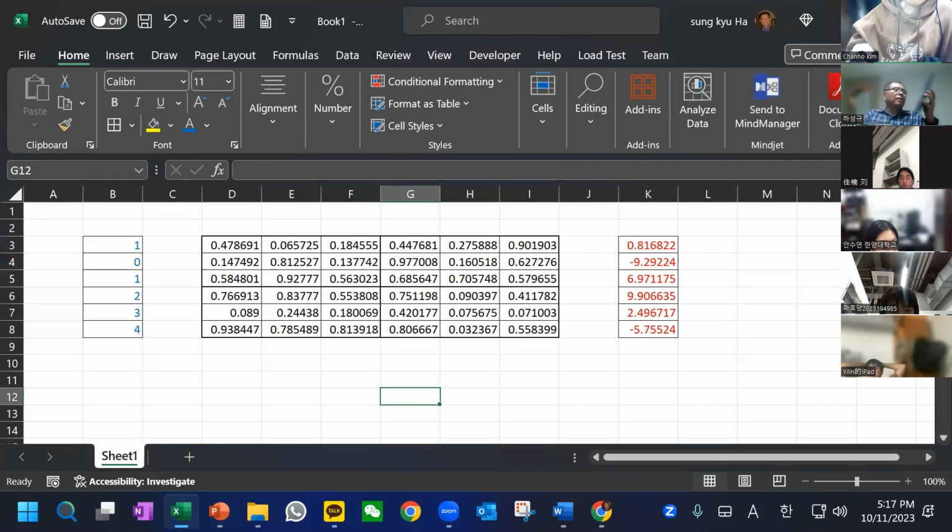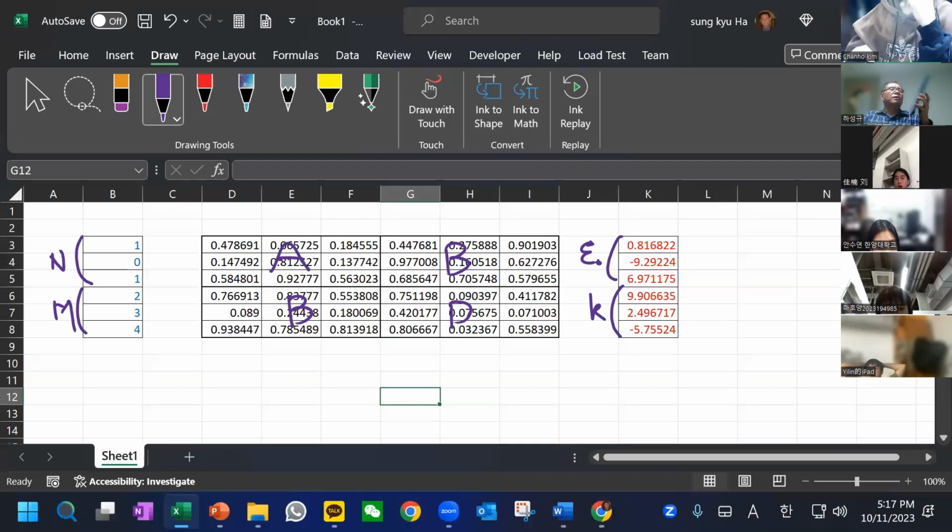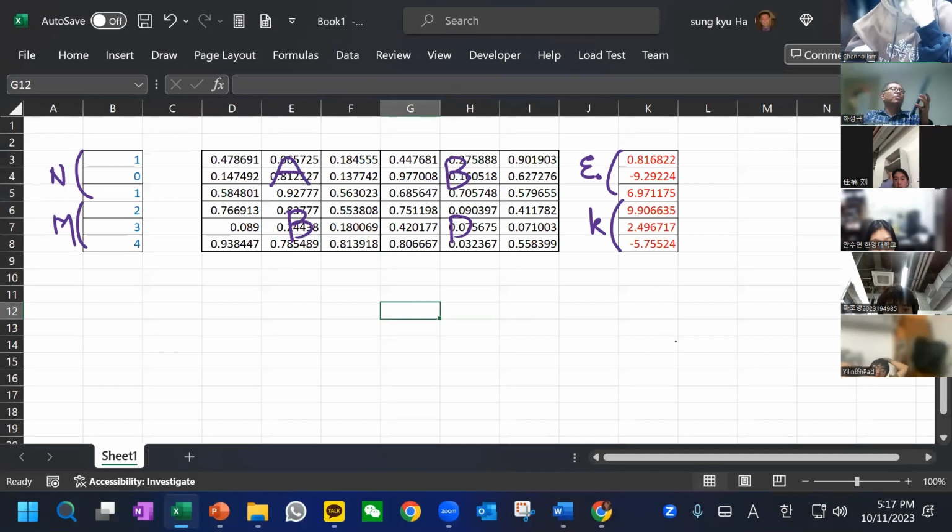So again, this three is the N, this three is the M, this three is the epsilon 0, and this three is the curvature, and this 3 by 3 is the A, B, B and D. This is exactly what we already derived. One missing part is how we calculate this ABD. This is the one we're going to learn.